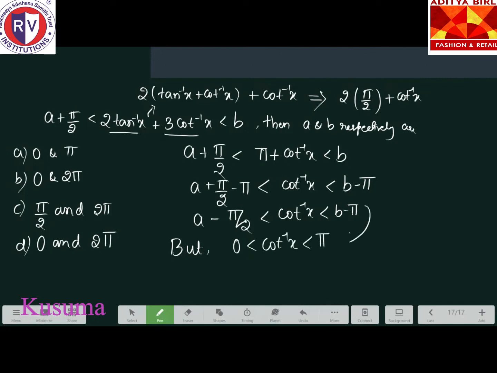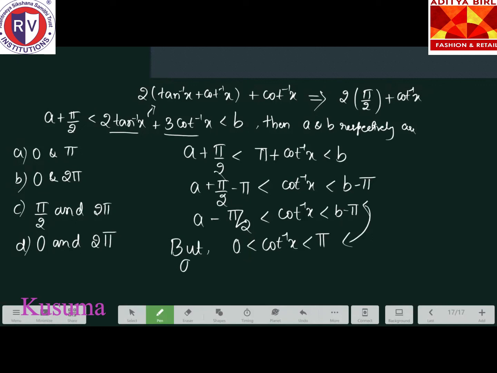See, look at both the equations. Both are similar. But here, in the place of a minus pi by 2, it is 0. And here in the place of b minus pi, it is pi. So that we can equate the quantities.